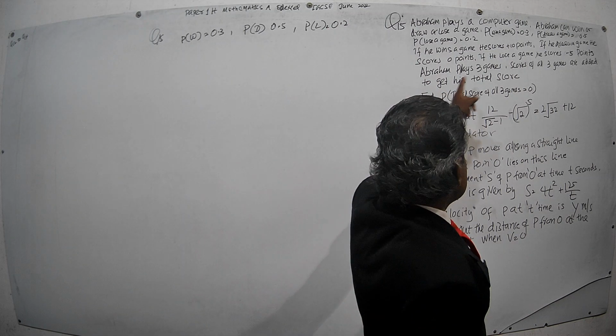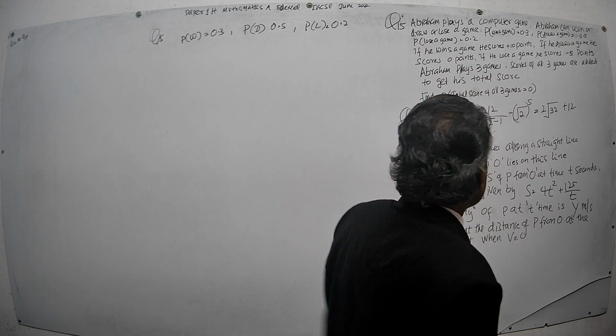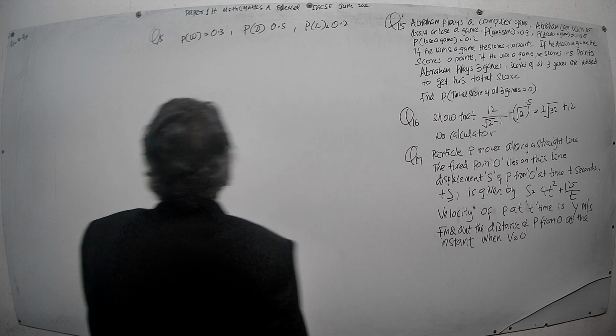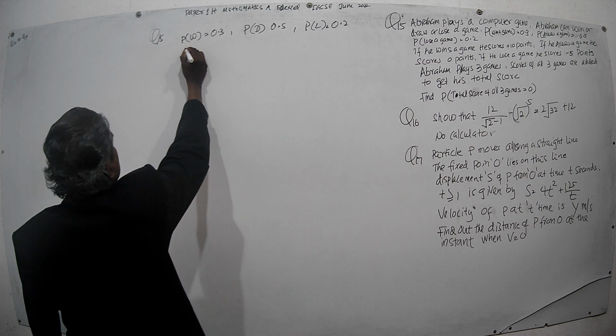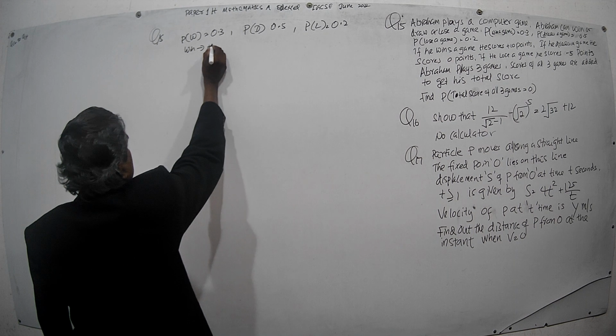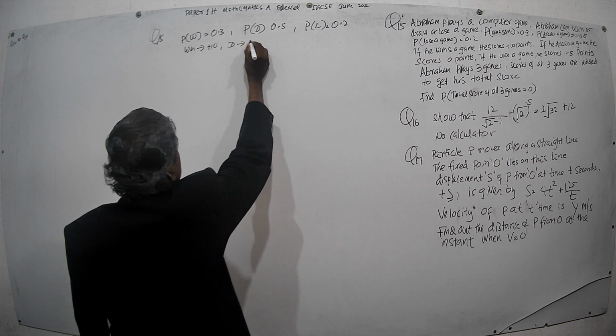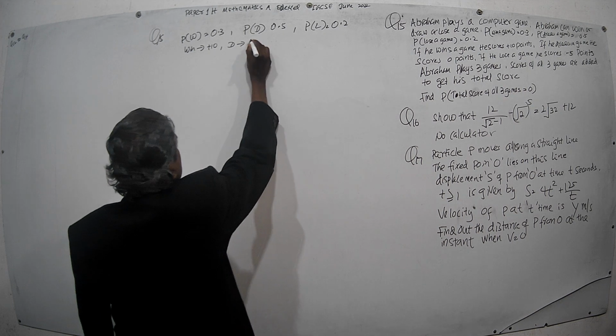What are the probabilities asked? They ask he plays 3 games. Then he gets a score. The win score is how much? Plus 10. The draw score is how much? 0.